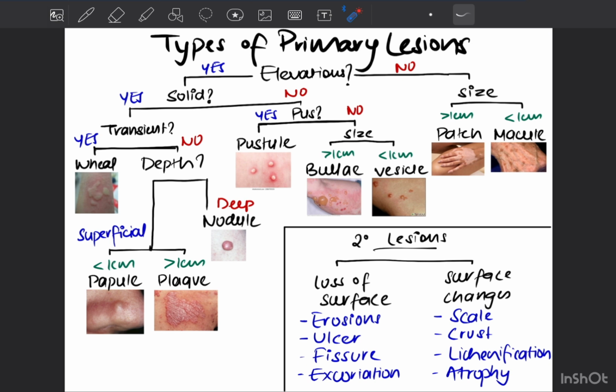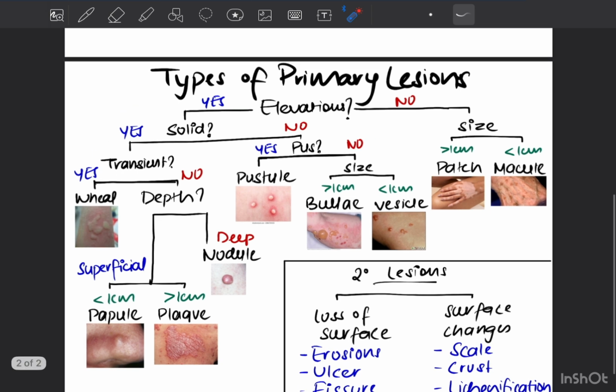Okay, so coming back again to the original question, if it has elevation, yes. If it's solid, no. If it's not solid, then it has fluid in its cavity. And then we ask the next question, if there's pus or not. If it has pus, it is called a pustule, and a pustule can be found in infections or most likely acne.